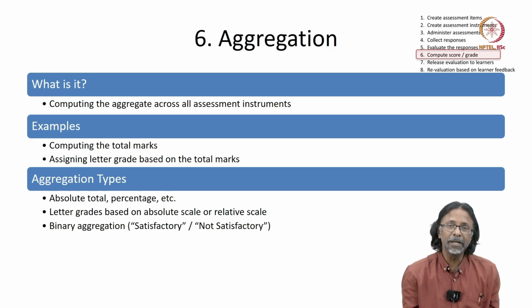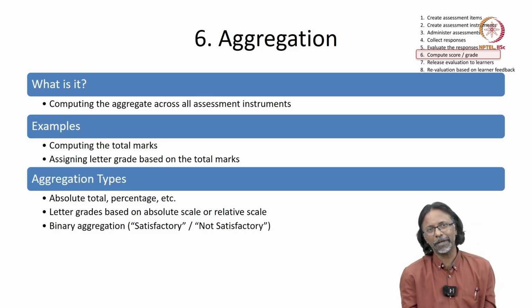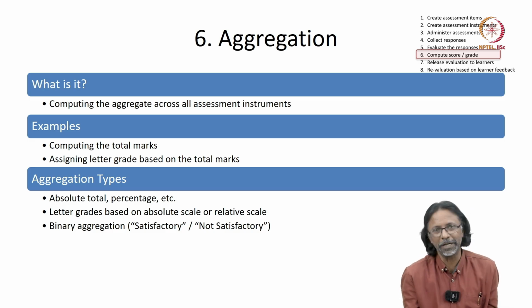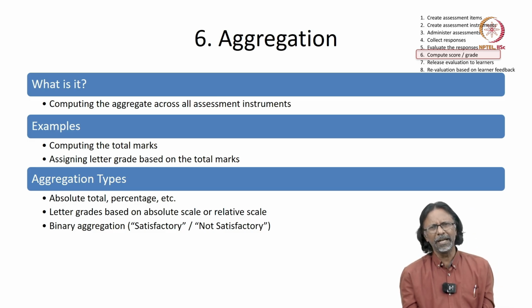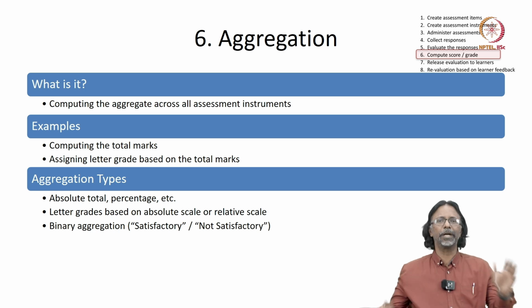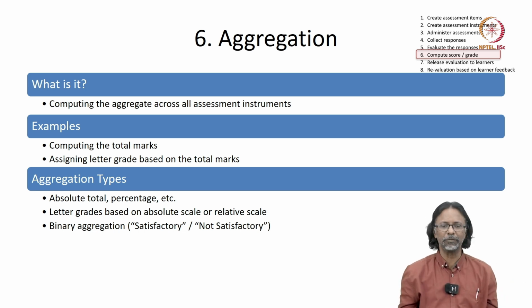Interestingly, there is also an increasing need for a binary form of aggregation. We spoke in the last module about internships. Normally, at the overall curriculum level, all we want is for them to go through that experience. So if they have gone through the experience, we'll simply say that it is satisfactory.